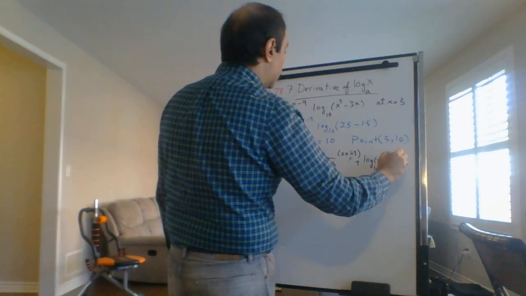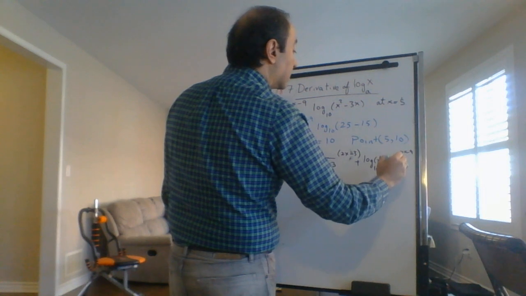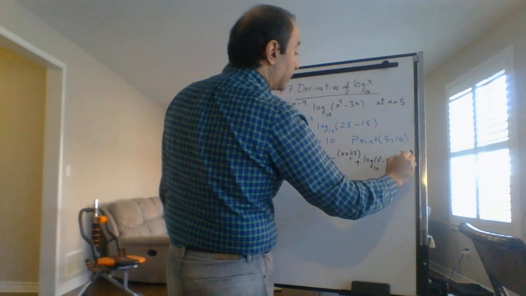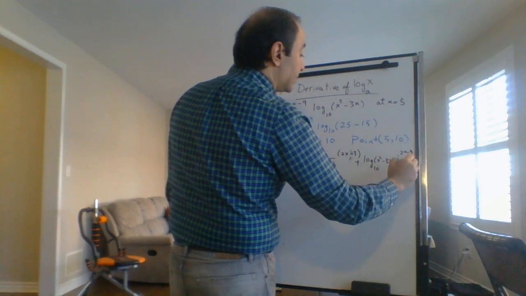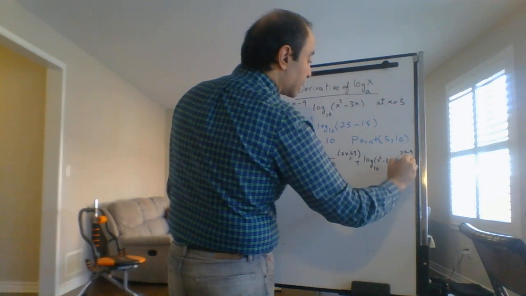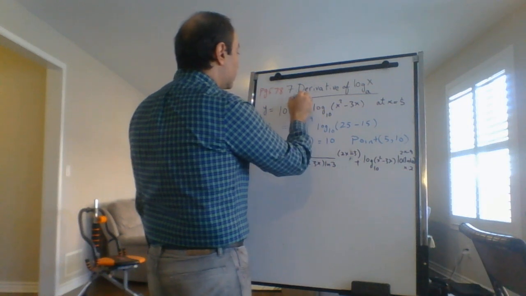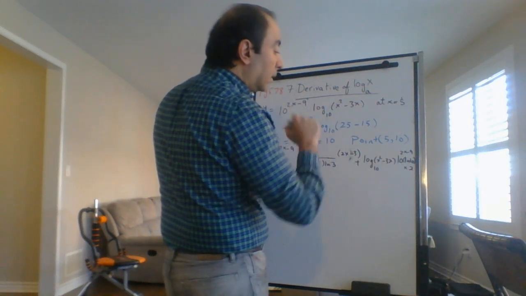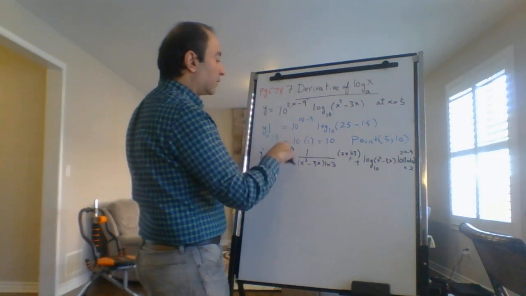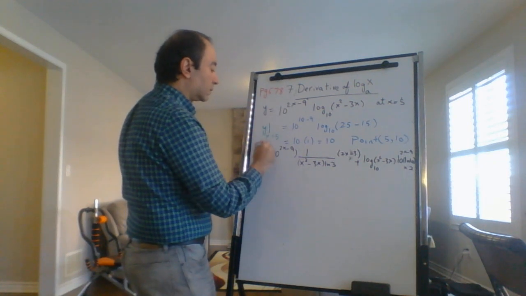Derivative of this is 10 to the power of 2x minus 9 times ln 10 times 2. I'm sorry, there is no space. Times 2. 2 is the derivative of 2x minus 9. So, again, I'm getting the derivative of this. First, I write the function as it is.